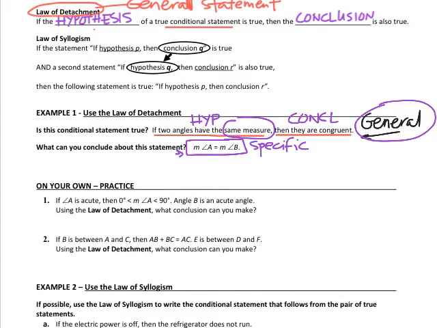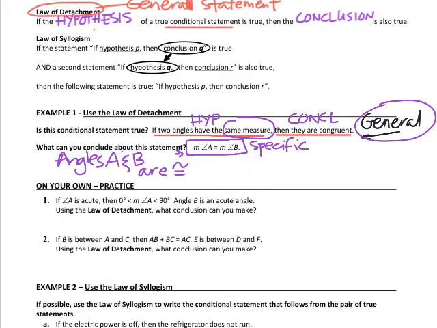And our specific scenario is saying that angle A equals angle B. So since they have the same measure, we can conclude that they are congruent. So we'll just say that angles A and B are congruent. Okay, so the measure of an angle, let's say measure of angle A is 50 and the measure of angle B is 50, then that means they are congruent. They have the same exact measure.